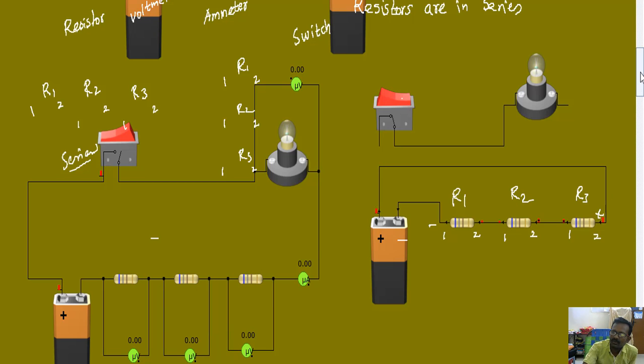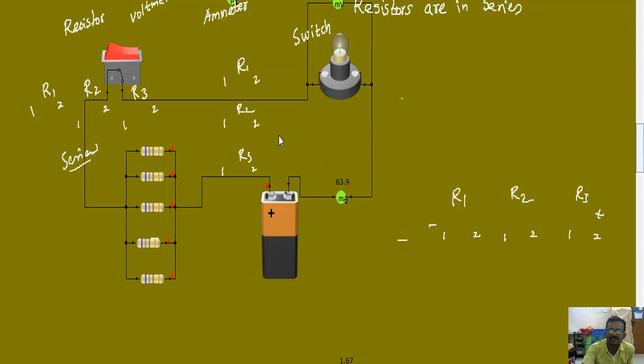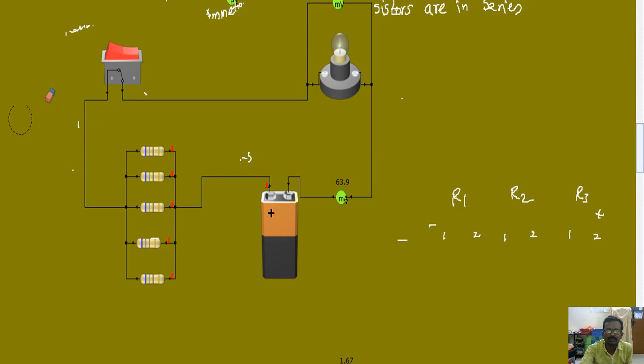Okay, now let me show the parallel connection. This is a parallel connection. Look here. Why am I calling it a parallel connection? I have already told you, no? These are the first ends.